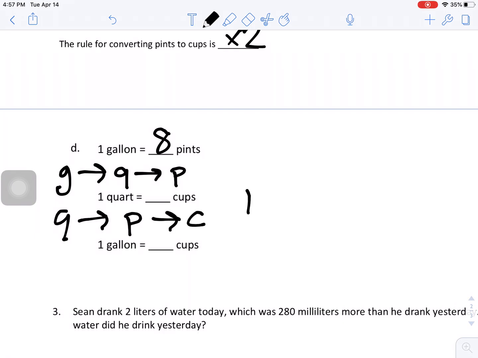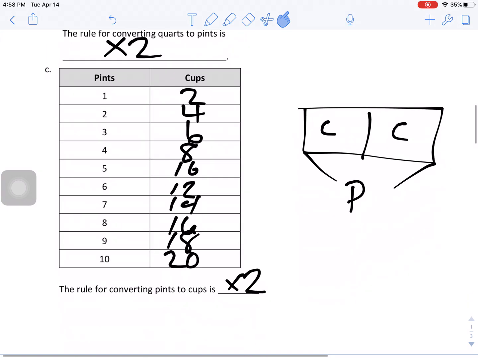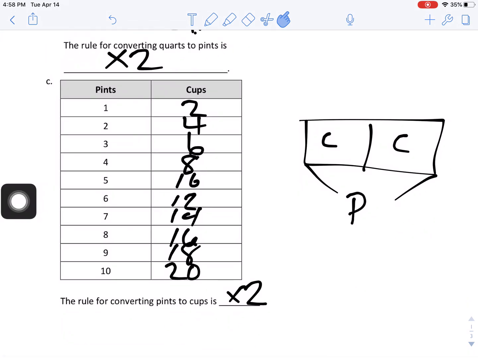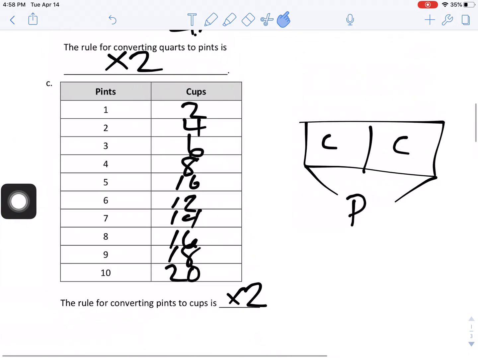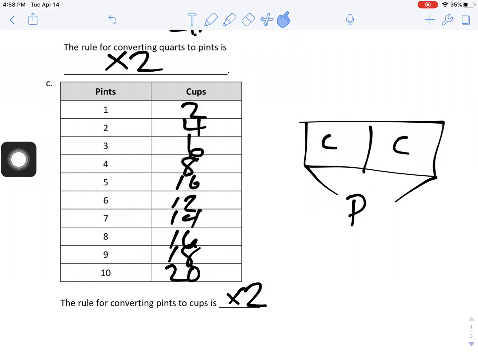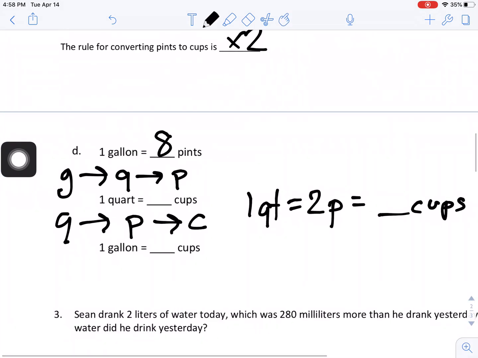So 1 quart equals 2 pints, and then I go back up and I need to see how many cups are in 2 pints. If I want to use my conversion table, I could say 2 pints has 4 cups, and now I can fill in 4 cups.